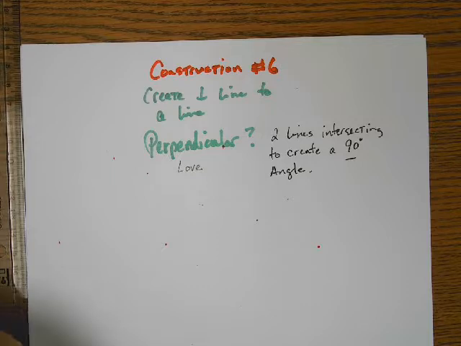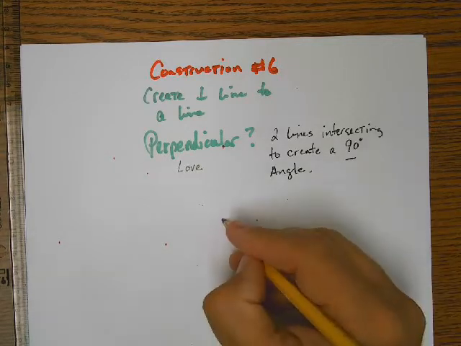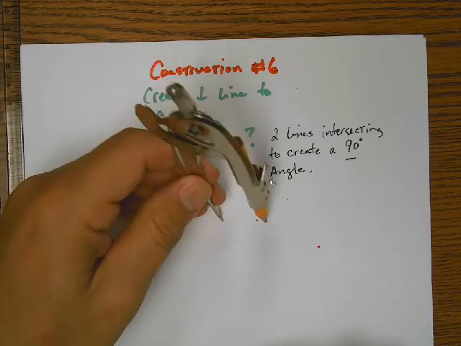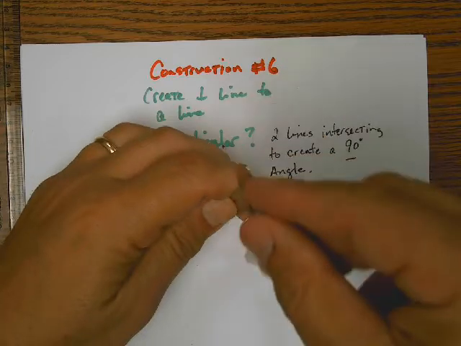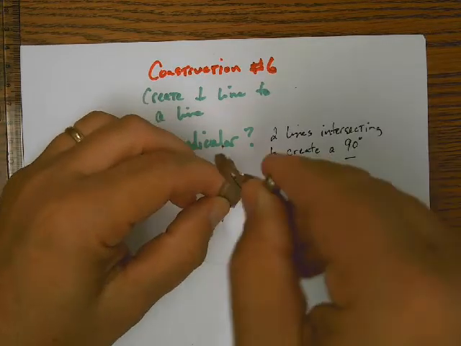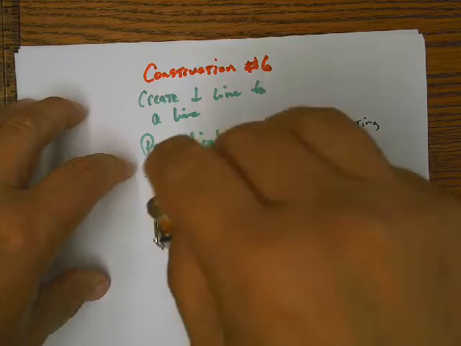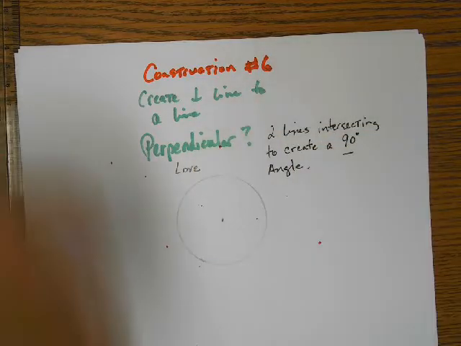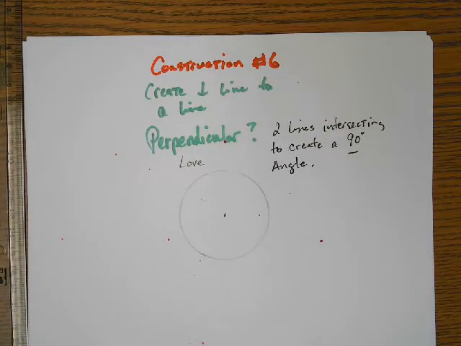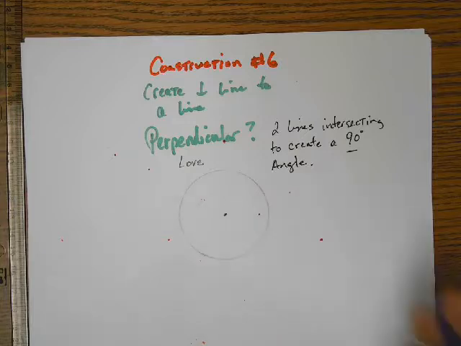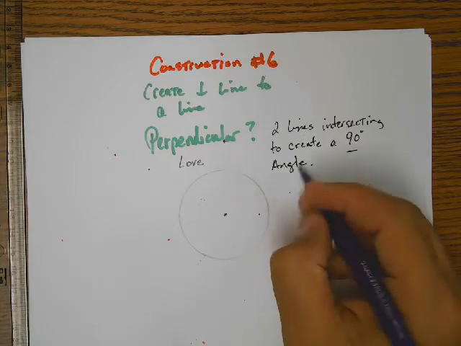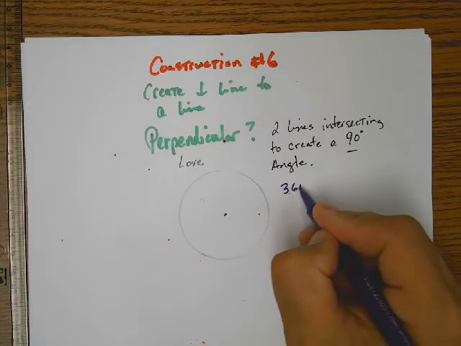You don't need to do this, but I'm going to make a circle. You can watch. It's going to help us with our understanding. You're welcome to do it if you want. But there's a circle. Can somebody recall and tell me how many degrees are in a circle? 360.